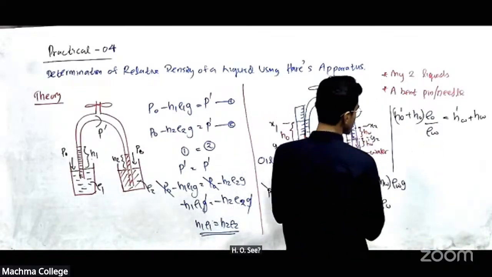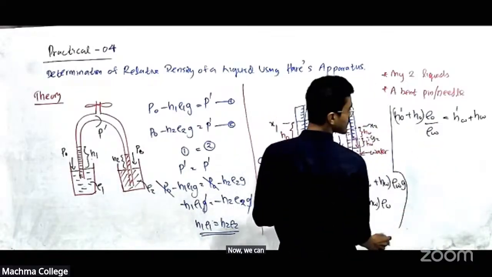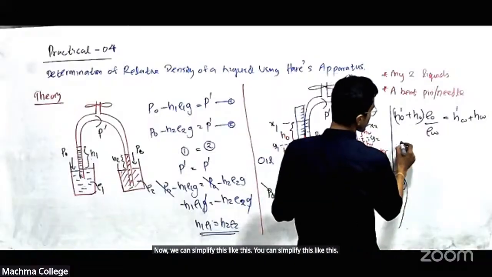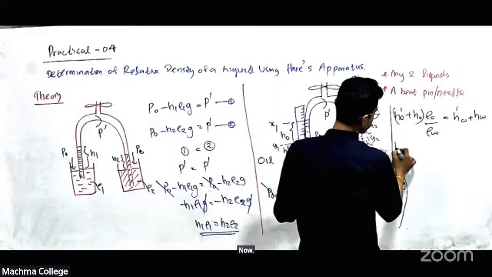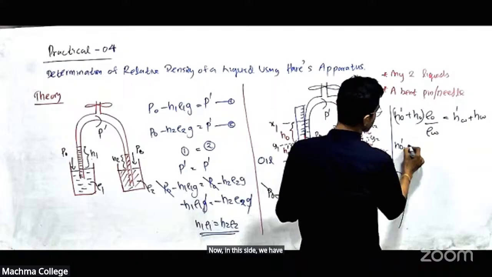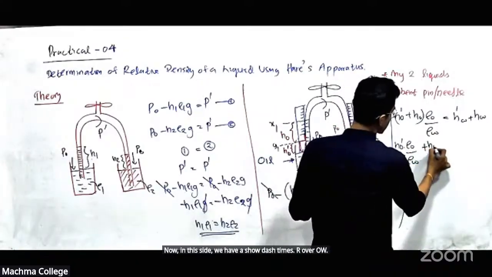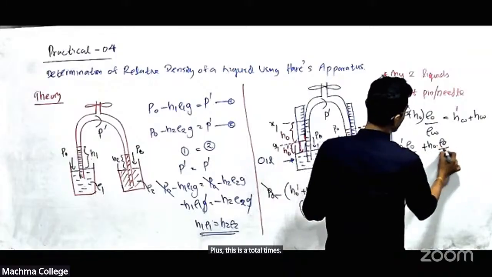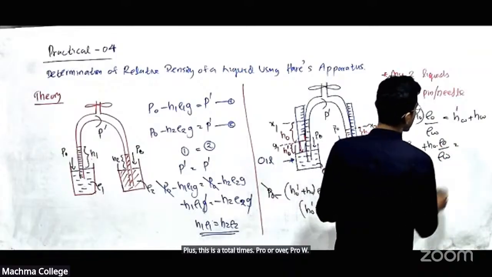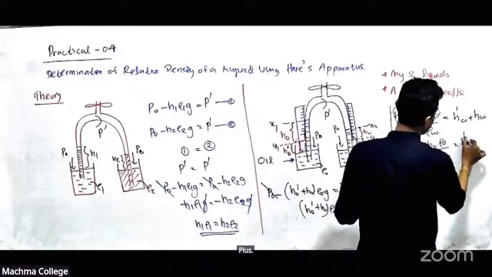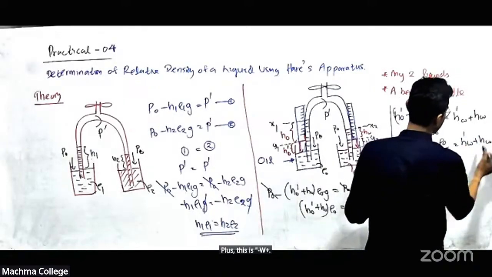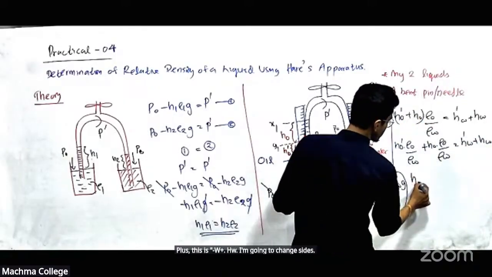Now we can simplify this like this. On this side, we have HO dash times rho O over rho W plus HO times rho O over rho W, equals HW dash plus HW. I'm going to change sides, making HW the subject.